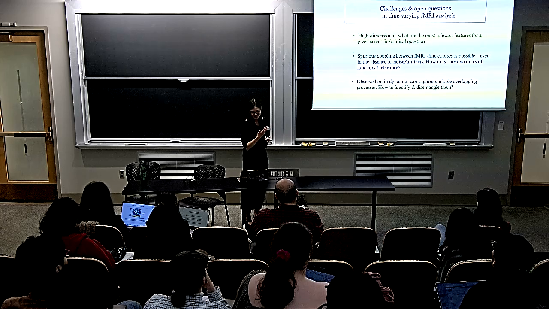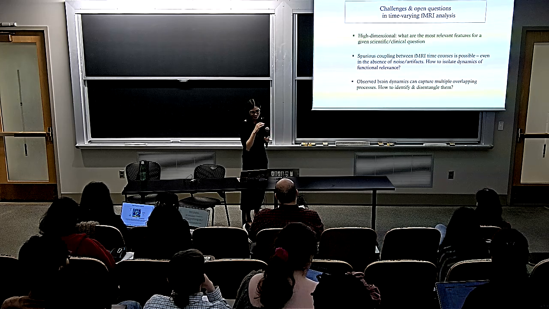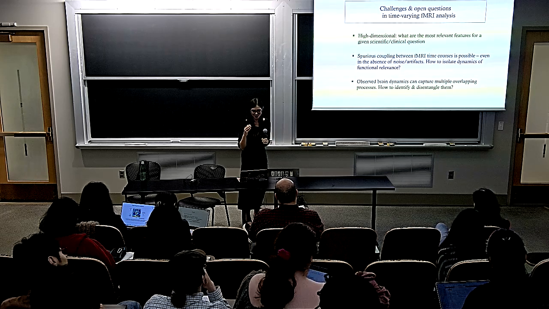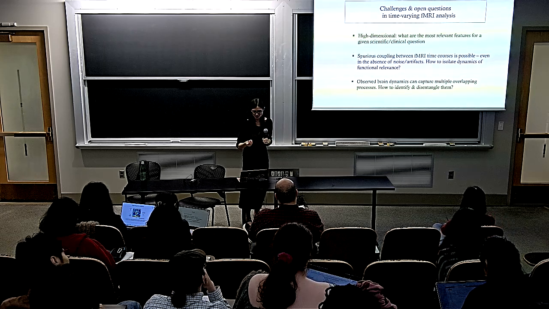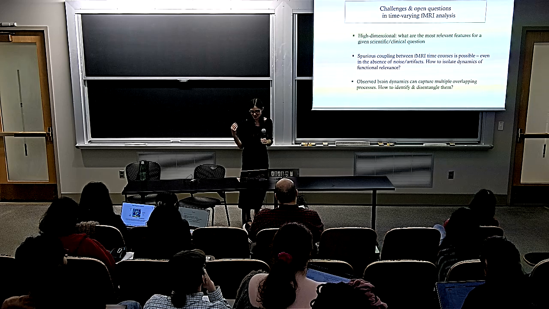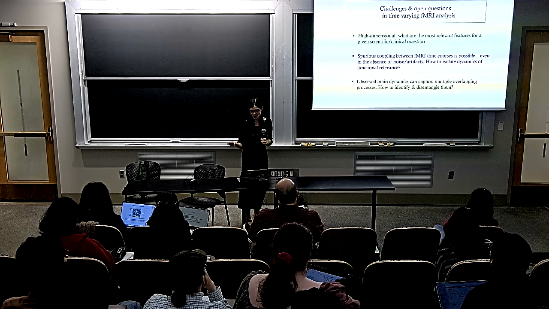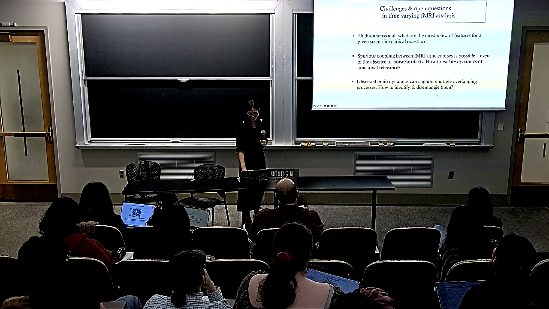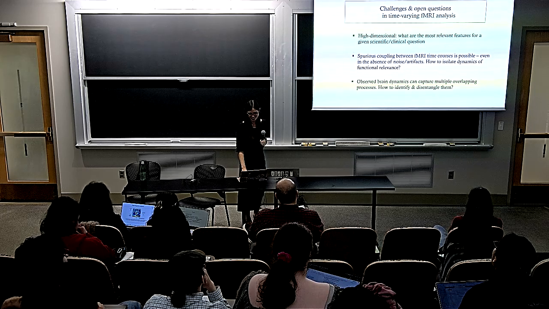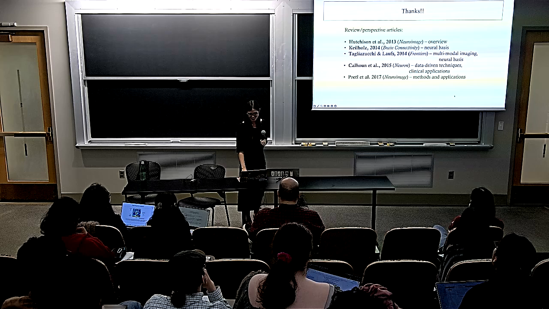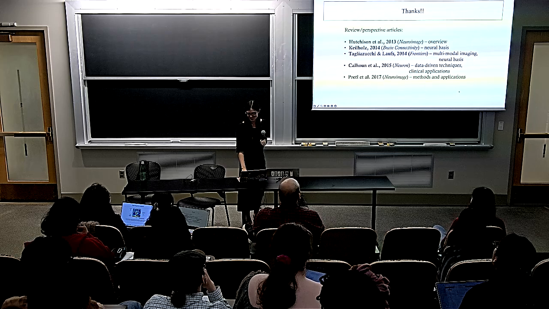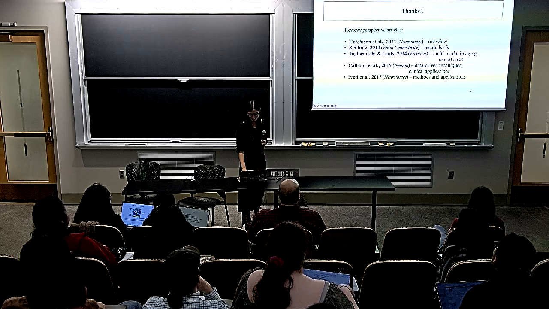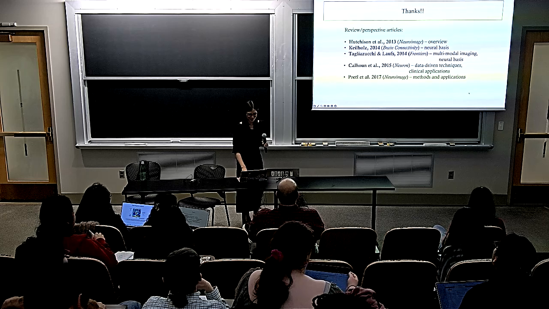So there are a lot of overlapping processes that may be on different time scales, and looking at the different analysis methods, not all of them will be equipped to handle that. So I think there's still more work needed on how to identify and disentangle overlapping processes. We shared the slides, and I put some references here in case you want to see some of the review papers on this topic.